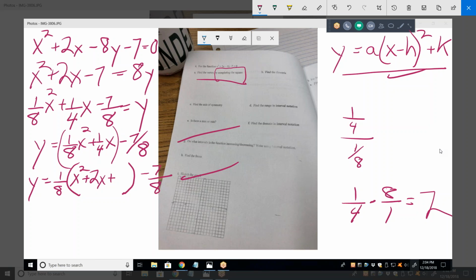No. Wait. No, I forgot. Take half the coefficient of the x term, square. Take half of that. What's the coefficient of the x term? Of the x.